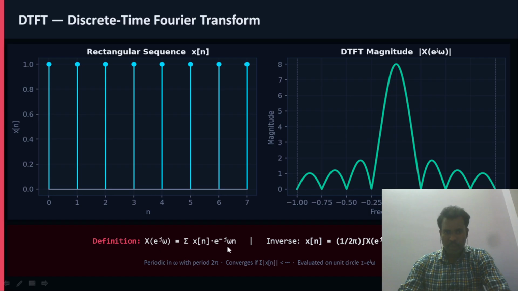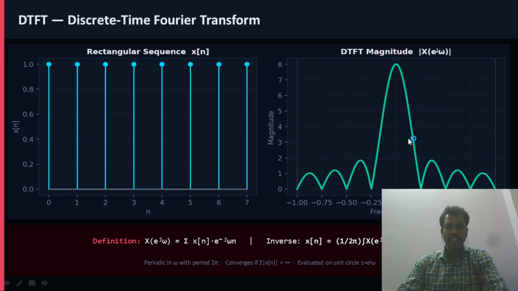And we know e power minus j omega is periodic with 2 pi: cos omega minus j sin omega, which is periodic with 2 pi. So the spectrum is continuous and periodic with 2 pi, maybe from minus pi to pi, it's normalized here.